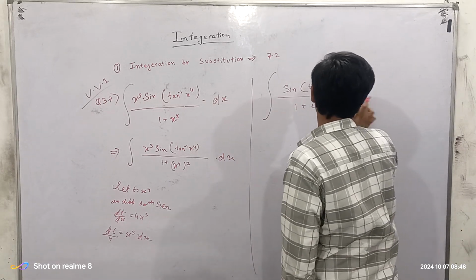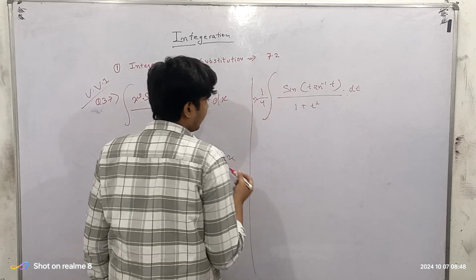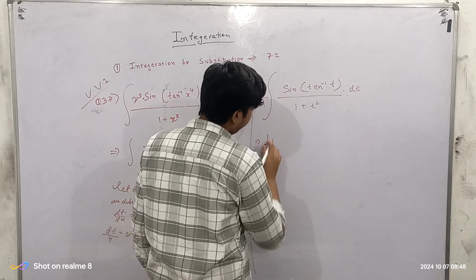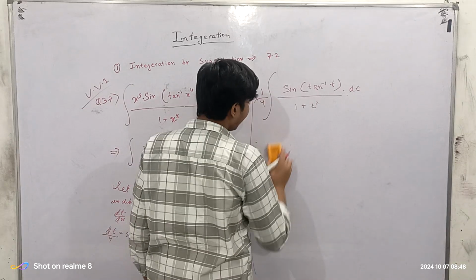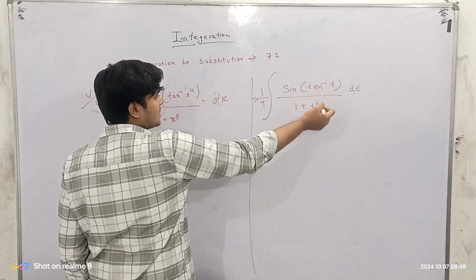This 4 is a constant, so it will be outside. Constant always comes outside in integration. 1 by 4 will come outside.